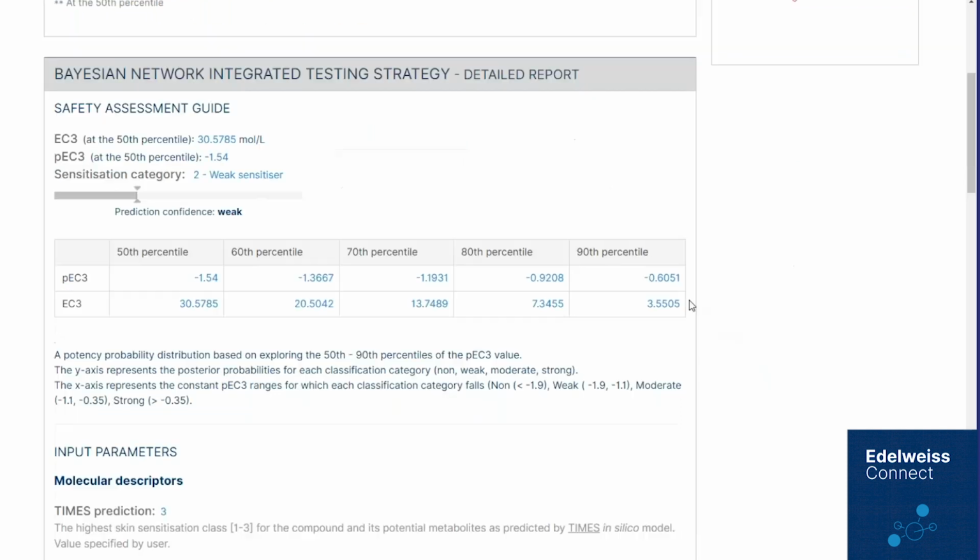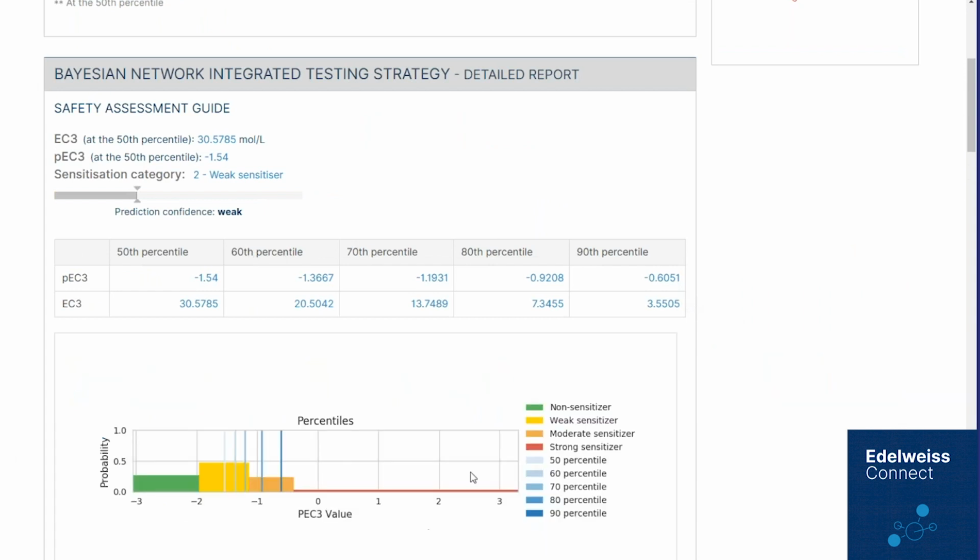And we can see in the detailed report that the probability distribution of EC3 values now is much wider, and it spans three potency classes, and the highest probability is that the compound is a weak sensitizer, but since there is conflicting evidence, we have only weak confidence in this prediction.